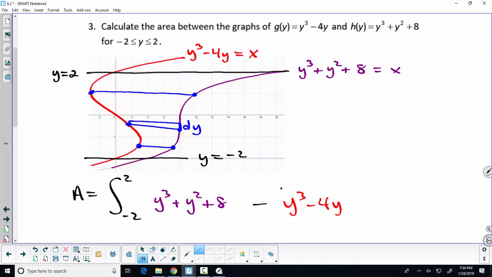Remember we're subtracting off the left function, so subtract off the entire thing. And then we have all of this with respect to y. Everybody okay with that?